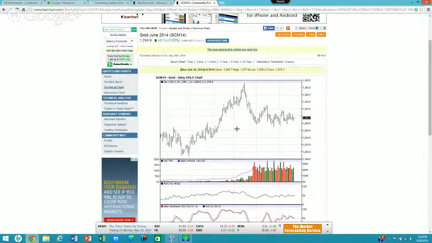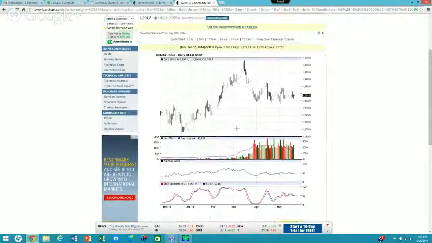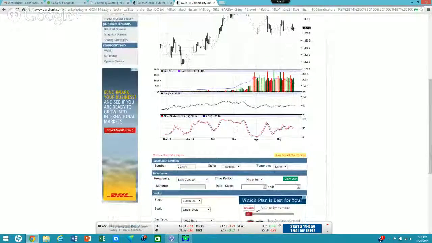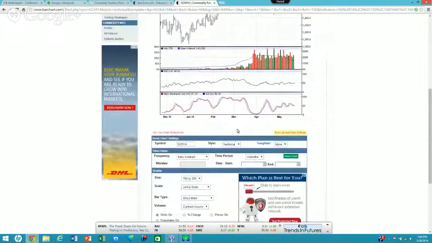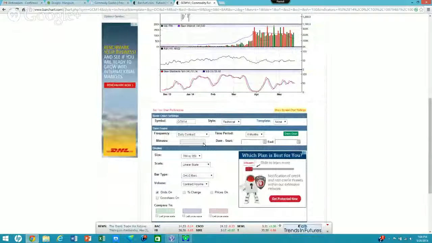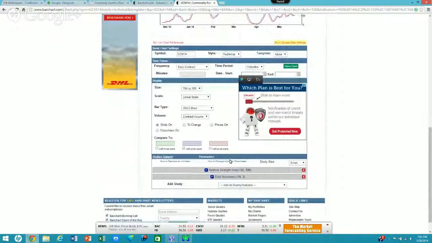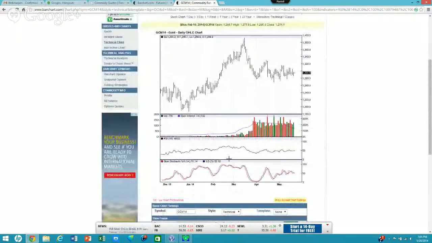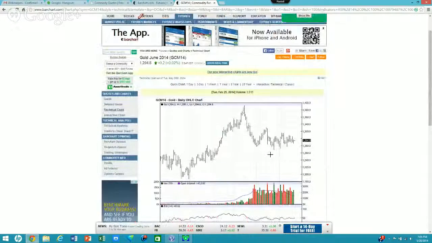And then you can't tell if it's a daily contract or what it is. Now this you can do daily, and for the time period 6 months and so on. So this is the way the chart should be. It'd be easy to manipulate.